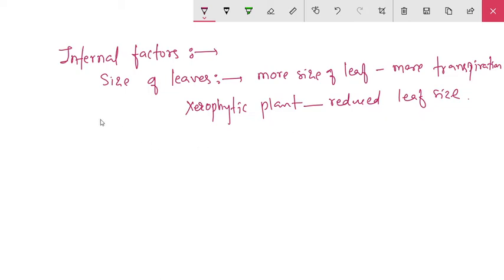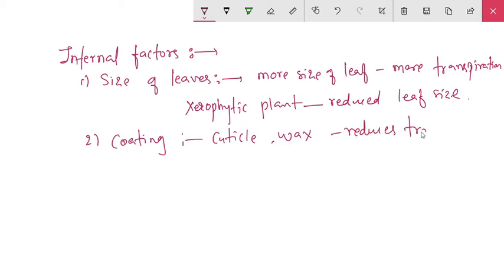Then the second factor, that is the coating. There may be different types of coatings present on the leaf. It may be the cuticle; cutin substance is hydrophobic in nature when coated over the leaf. Or there may be wax, which is also impervious to water. If there is a coating of cuticle or wax, it reduces the transpiration.